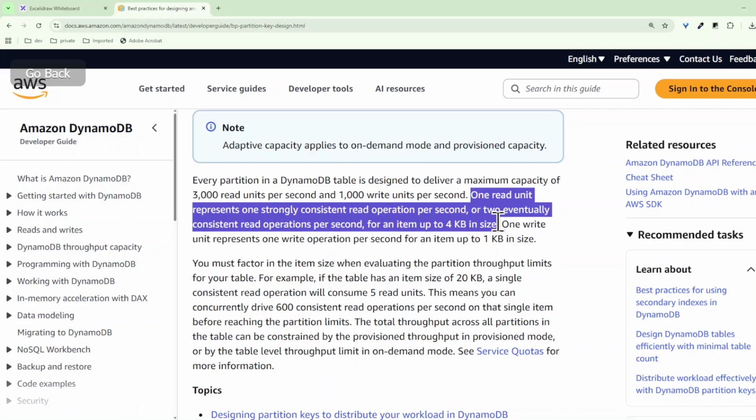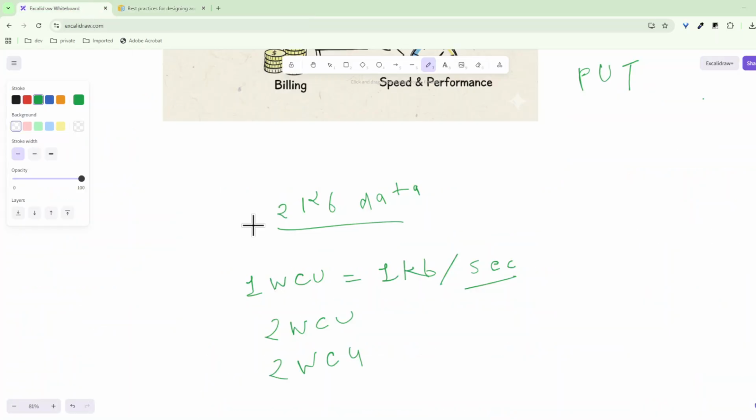I will be covering this in more depth in another video, but for now let's consider that one RCU is equivalent to 4 KB per second. Okay, that is for an item.